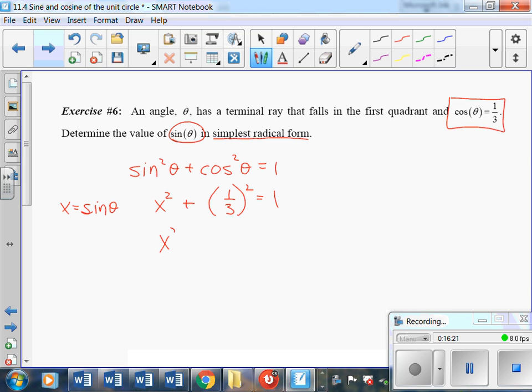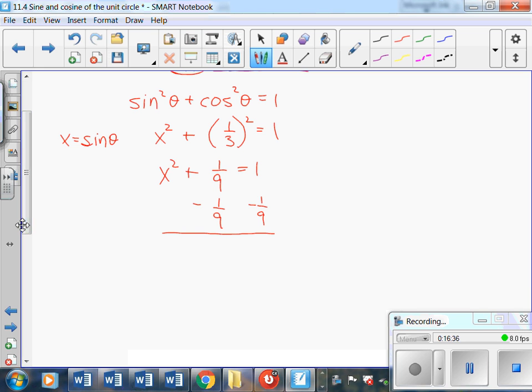X squared plus, and when you square this it becomes 1 over 9, equals 1. This is called an incomplete quadratic. You can solve it like a linear. So you get x squared is equal to, remember, get common denominators, you can do it in your calculator, 8 over 9.